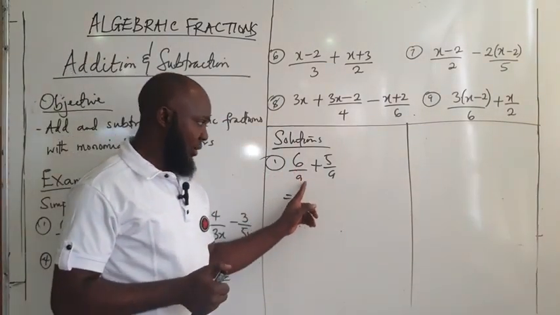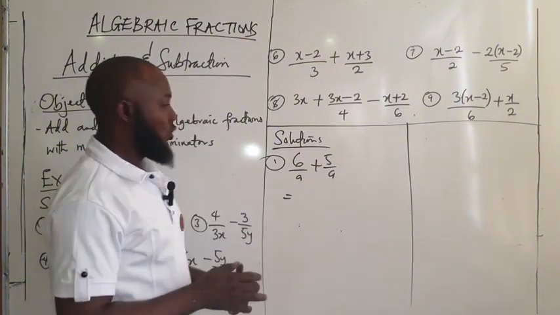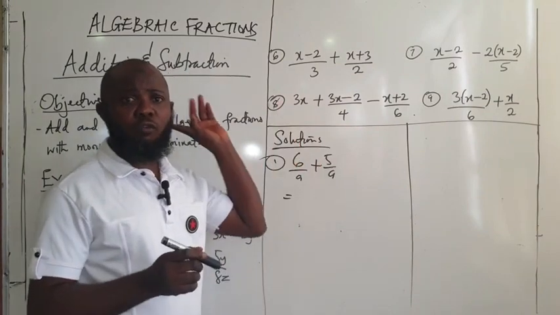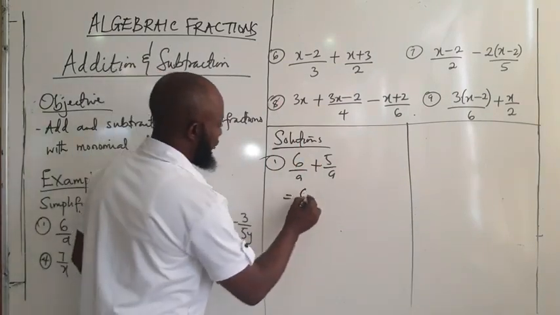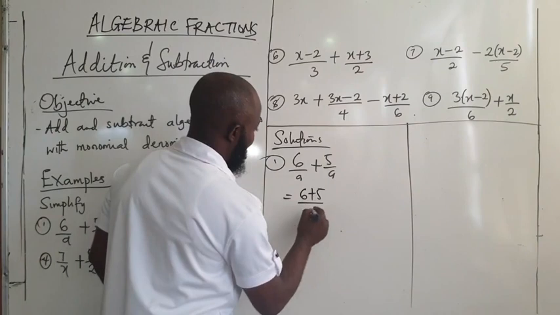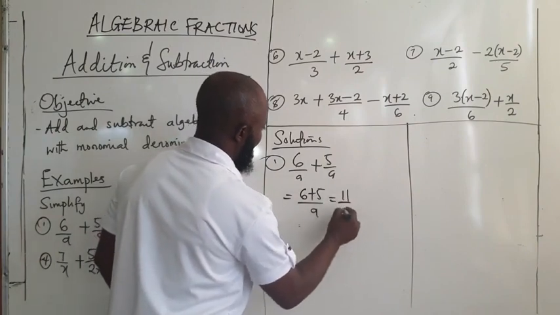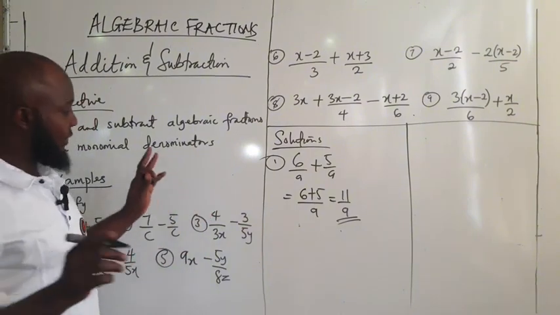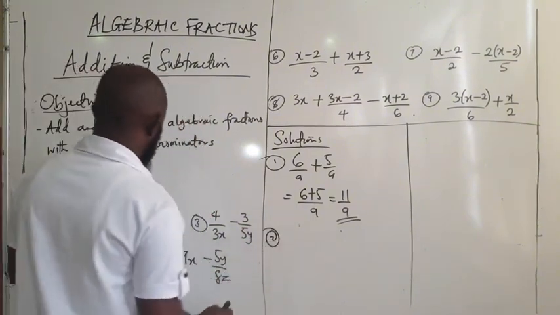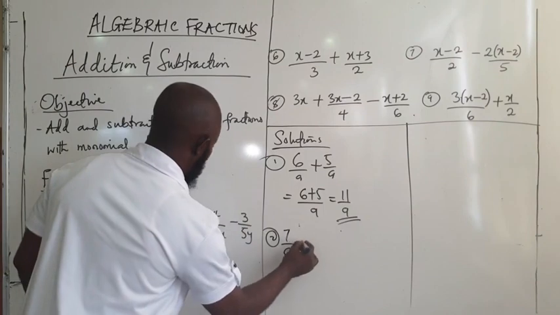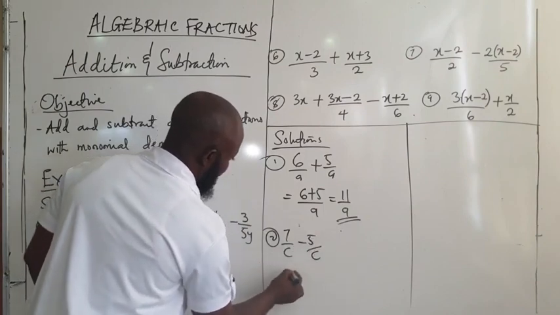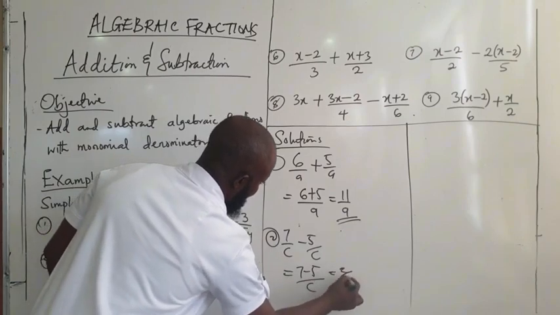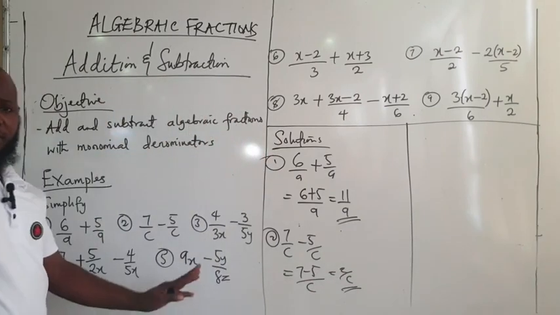The denominator here is a, while the denominator here is also a. So what you are expected to do here is just add the numerators over the denominator. That is going to be 6 plus 5 divided by a. That is 11 over a. That's the answer. So that's how to do it. The same thing for number 2, which is 7 over c minus 5 over c. Just subtract. That's 7 minus 5 divided by c. That gives 2 over c. I hope this is very clear.